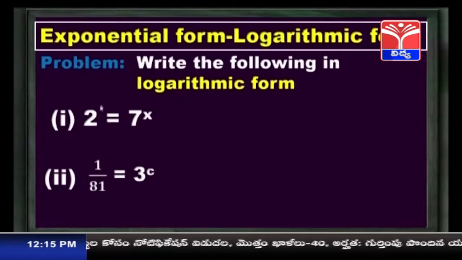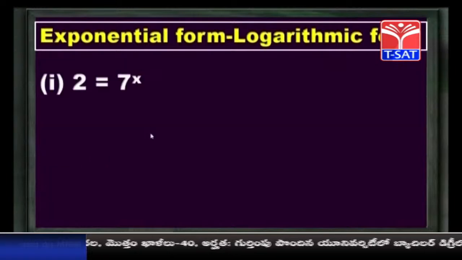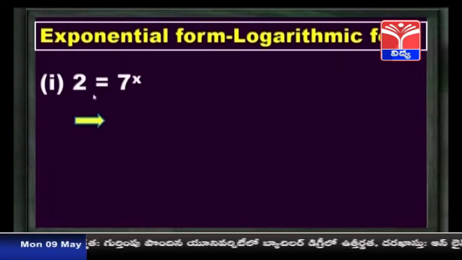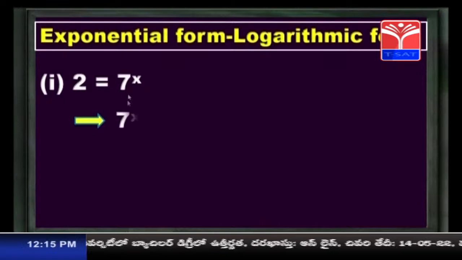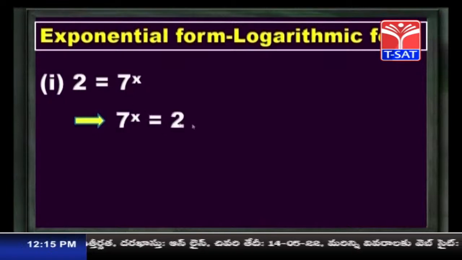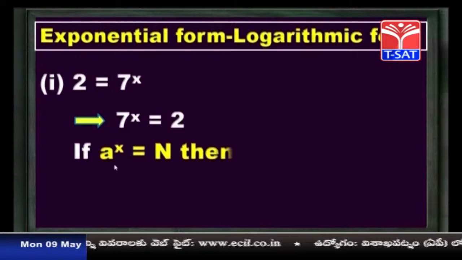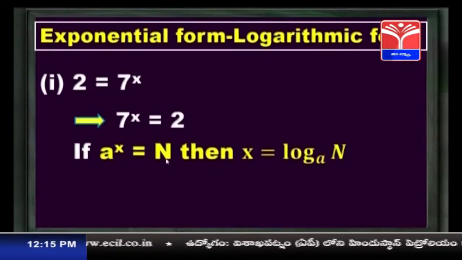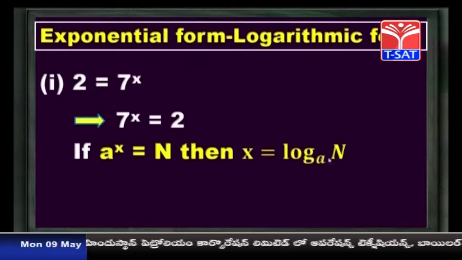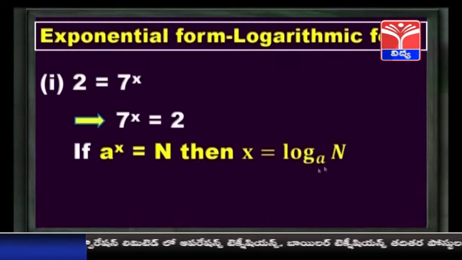First let us solve the first problem, 2 is equal to 7 power x. I can write it as 7 power x is equal to 2, so that I can use the formula: if a power x is equal to n, then x is equal to log n to the base a.